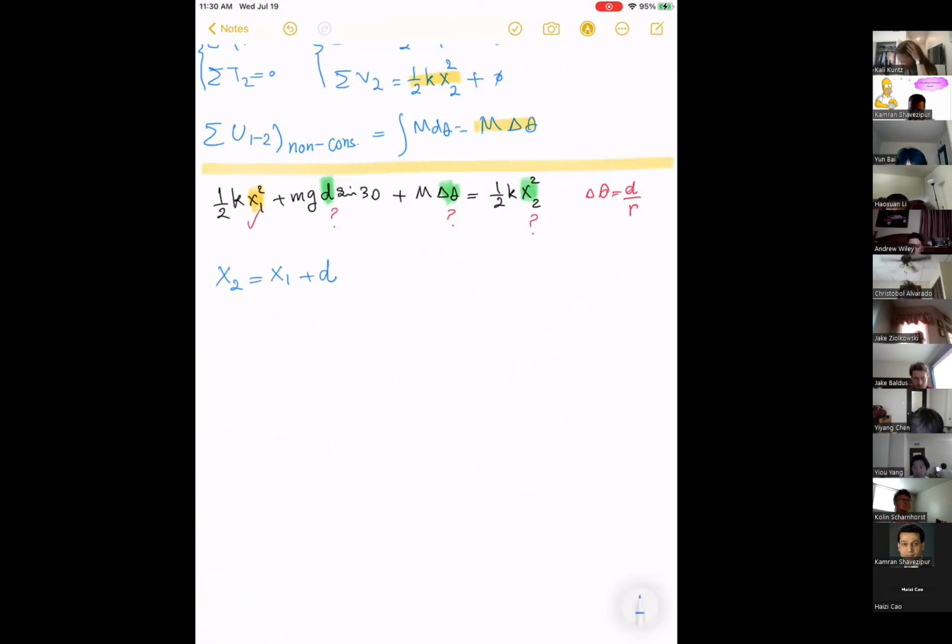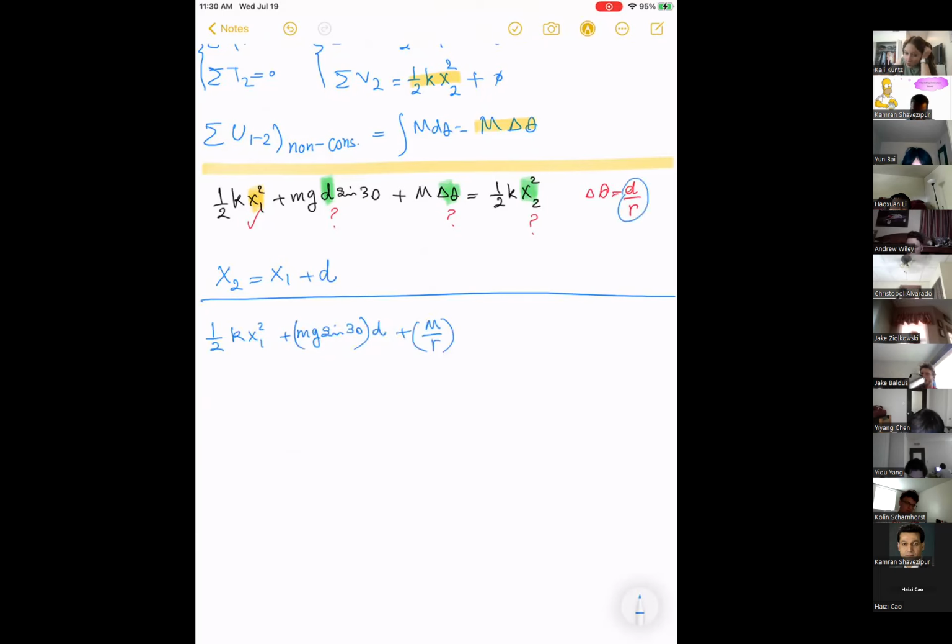I'm going to substitute these values: half k x1 squared plus mg sine 30 times d plus m, substituting delta theta from here, over r times d, equals half k d plus x1 squared, right?